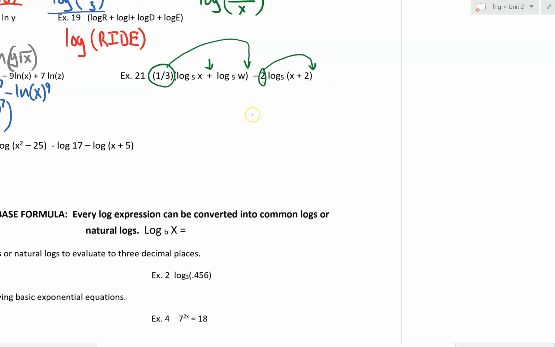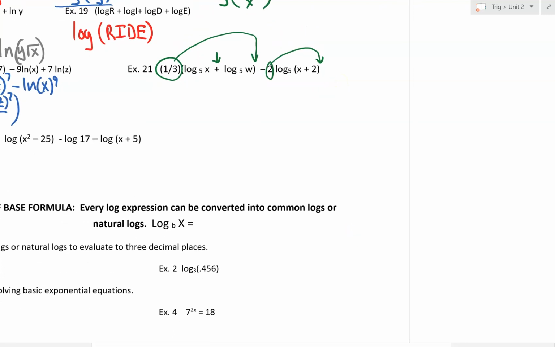The minus tells me this is going to be a division problem. So here we go. I'll do the first part just so we see it. This is going to say log base 5 of xw raised to the 1/3, and we'll rewrite it in just a minute, minus log base 5 of x plus 2 squared.